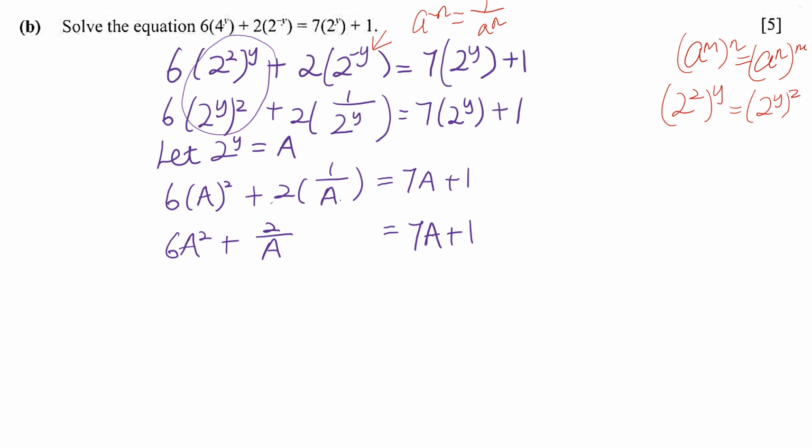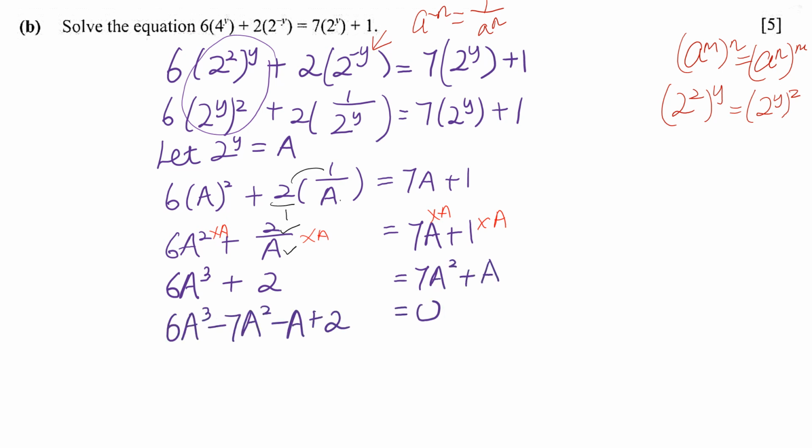And of course, this one is just 2 times 1 gives you 2, 1 times a gives you a. The next thing is I'm going to multiply by a throughout. That means I times a here, times a, times a, times a, to get 6a cubed plus 2 equals 7a squared plus a.